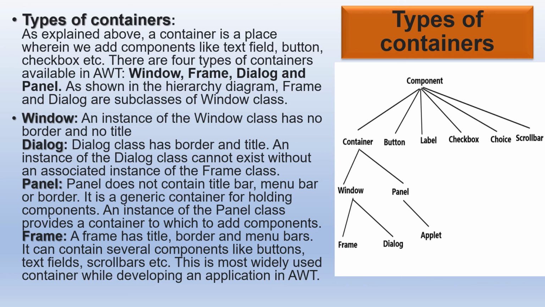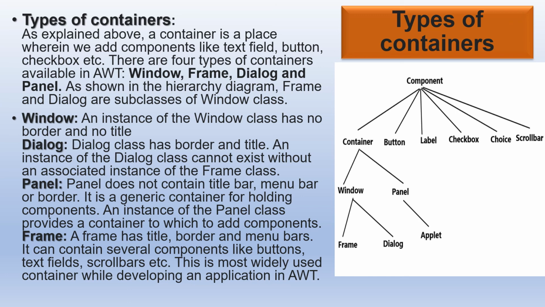As shown in the hierarchy diagram, frame and dialog are subclasses of the window class. First, an instance of the window class has no border and no title. Then the dialog class has a border and title. An instance of the dialog class cannot exist without an associated instance of the frame class.